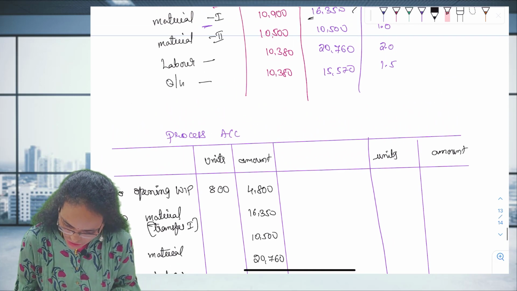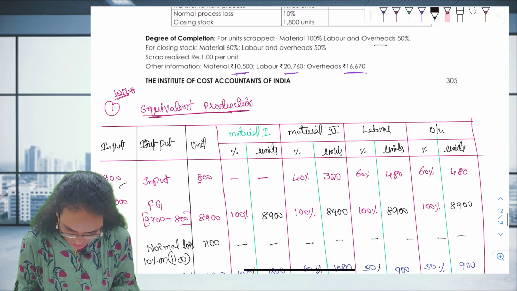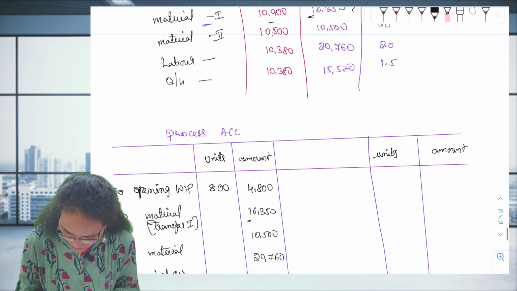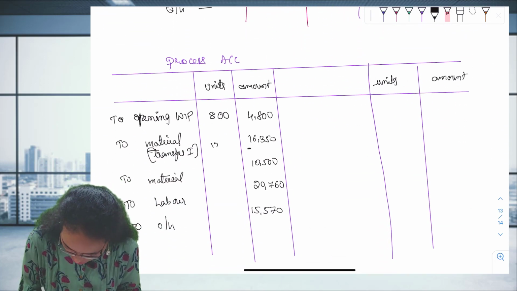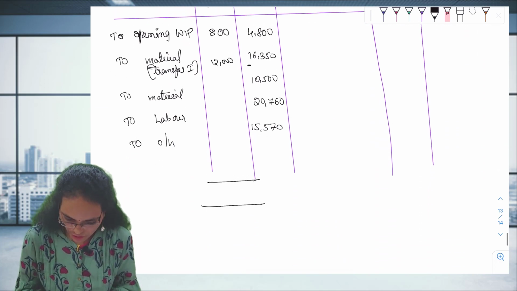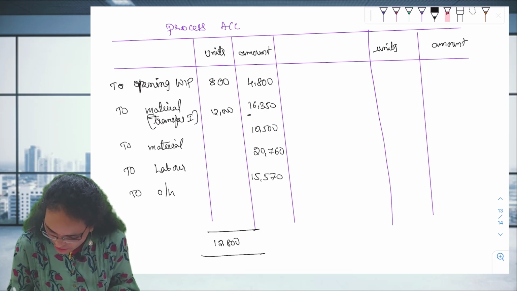For the 16,350, how many units? 10,900? How many units actually? No, not 10,100. 12,000 units. Now, 12,800 units.